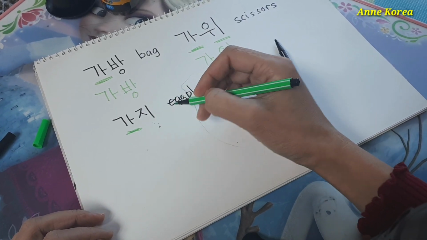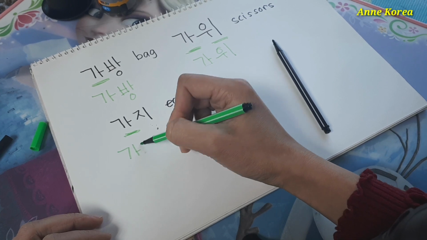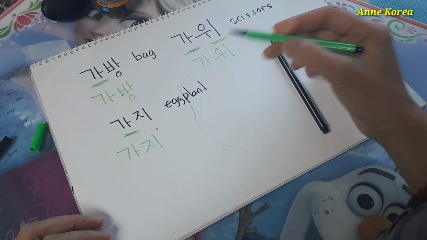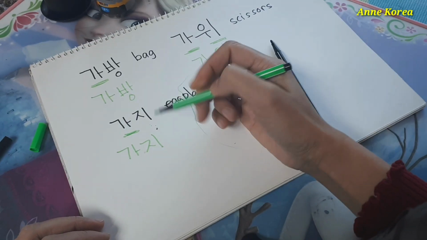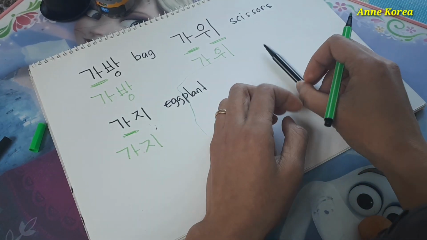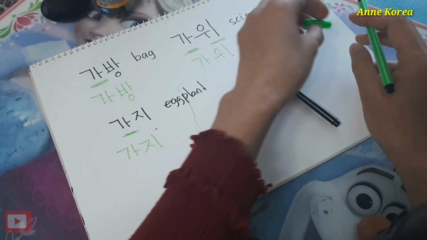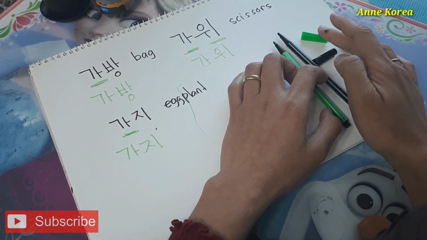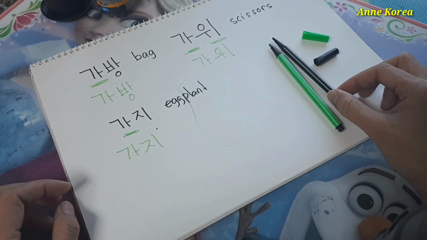Ji. Kung mapapansin nyo guys, talagang yung stroke niya, mas mabilis kasi siya guys pag isulat natin siya sa proper stroke. Mas mabilis. At mas komportable ang ating mga kamay.